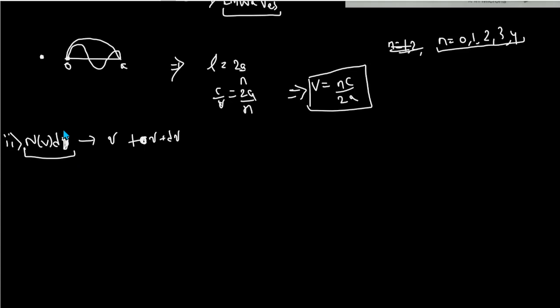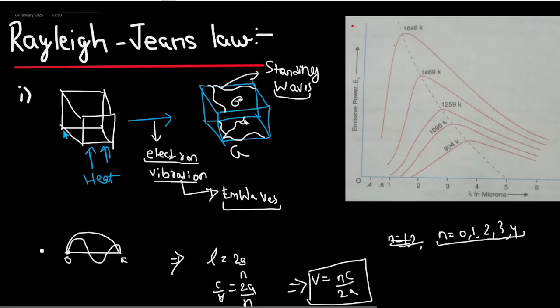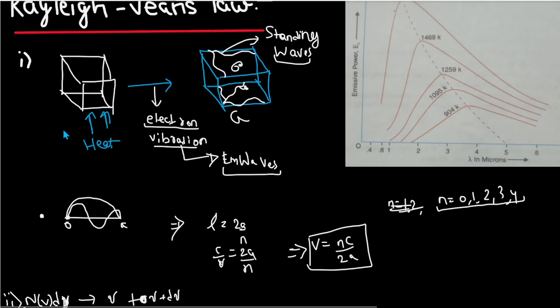If we can find this, then we can easily derive the Rayleigh-Jeans law, which gives the energy density, or you can say the intensity. We deal more with the energy density than the emissive power, because energy density is more widely used, but emissive power is also right.